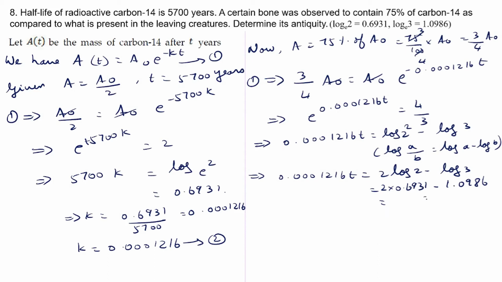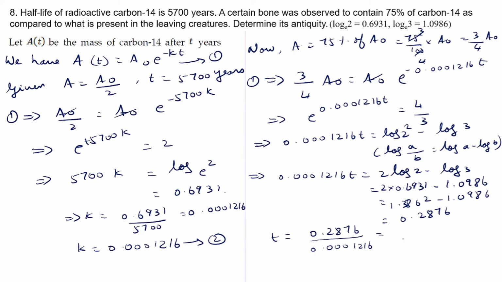So this is 1.3862 minus 1.0986. When we subtract, we get it as 0.2876. Now we can find t. It is 0.2876 upon 0.0001216.